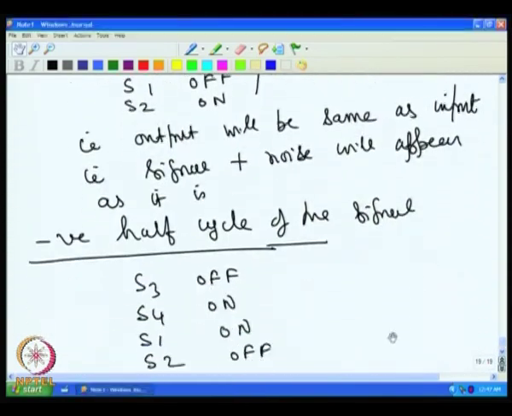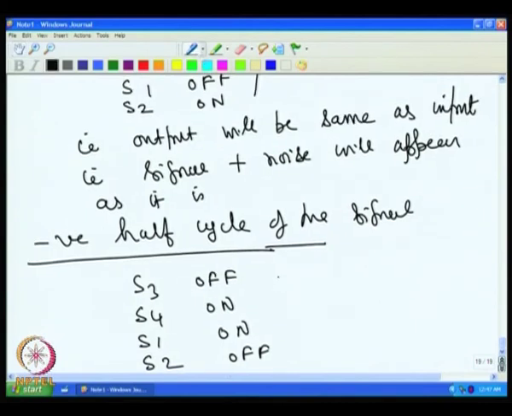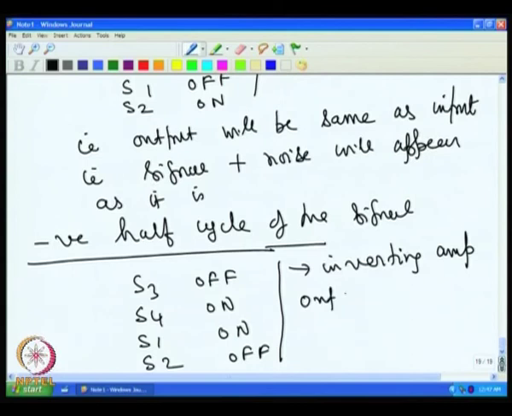So, this action makes it an inverting amplifier. Now the output will be 180 degree phase shifted.